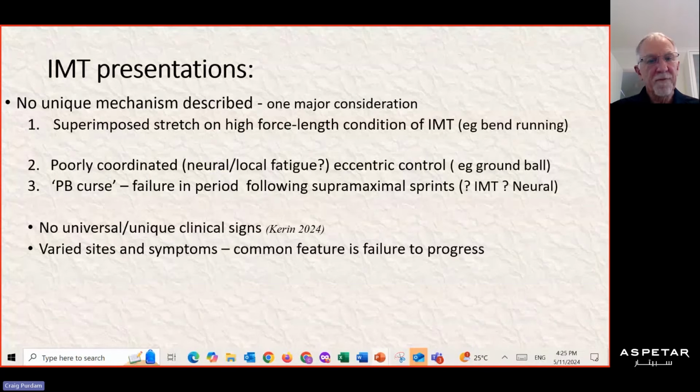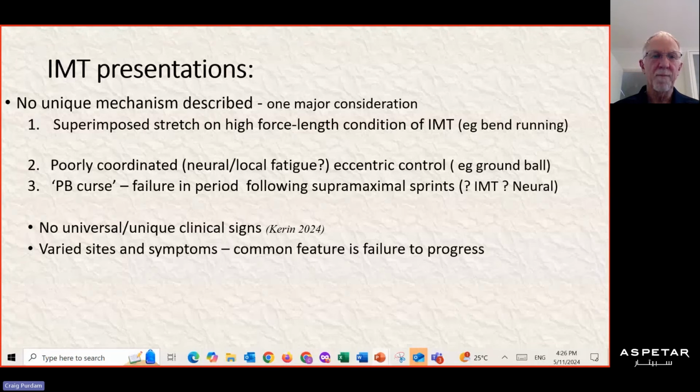Now, from Fergal Kieran's work as well as others, it seems there is no unique mechanism of these intramuscular tendon presentations. The most common story, certainly in my experience and talking to others in the football codes in particular, but also in athletics, is this superimposed stretch on a very high force, high length, high force, optimum length sort of condition of the intramuscular tendon.